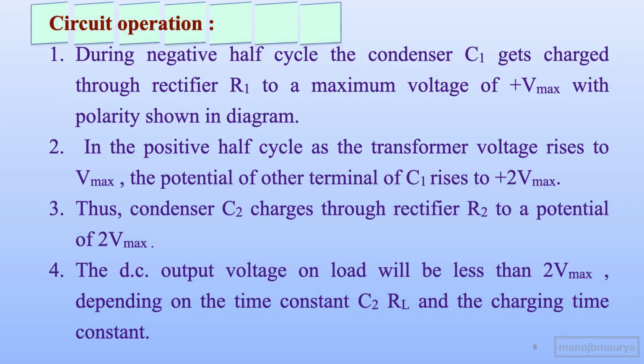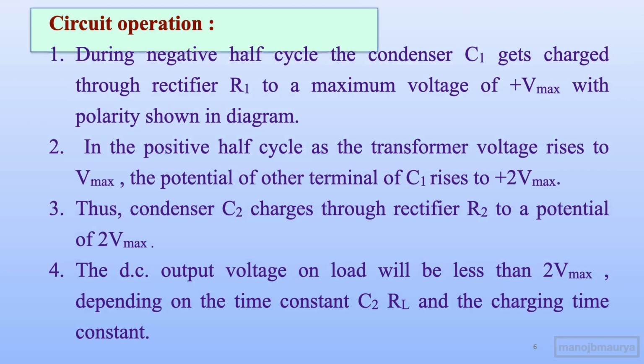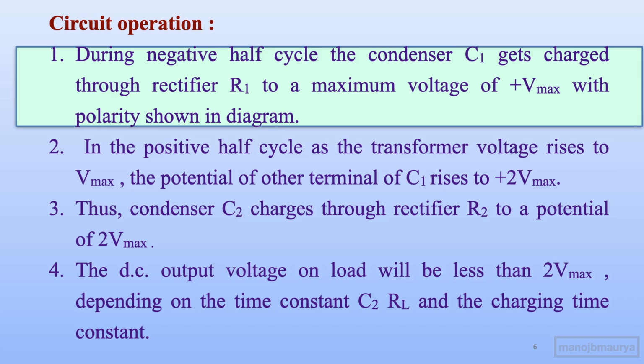Let us revise the circuit operation, what we have seen from the circuit and also from the waveform. During the negative half cycle, the condenser C1 gets charged through rectifier R1 to a maximum voltage of Vmax, with the polarity shown earlier in the diagram.